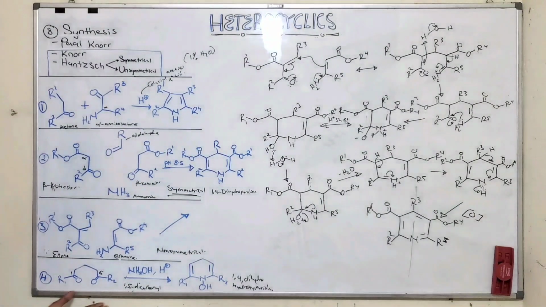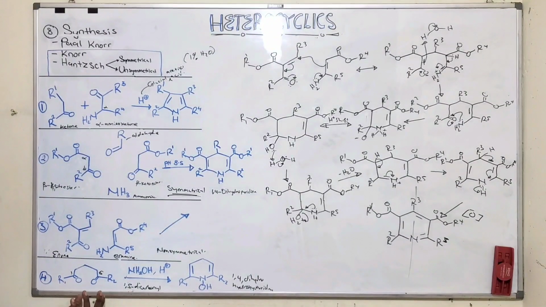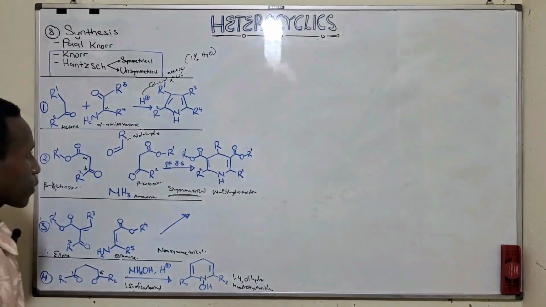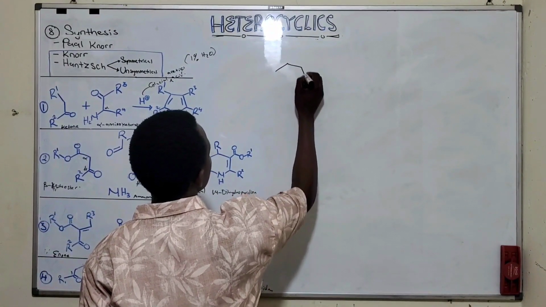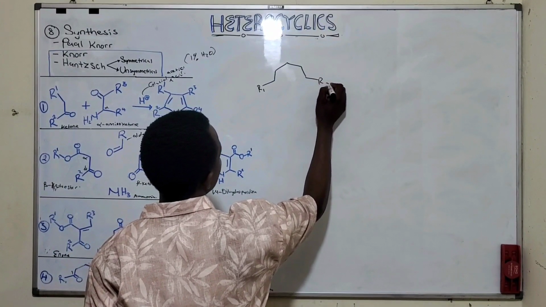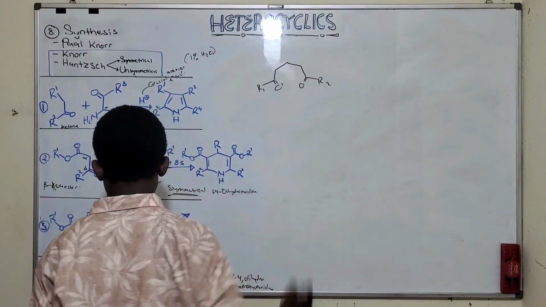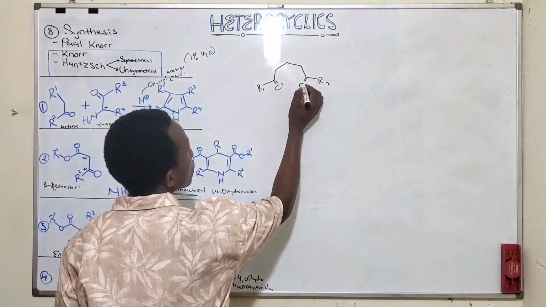Let's talk about pyridine synthesis from 1,5-dicarbonyl. For this last mechanism, we have this R1, we have R2. So it is acid catalyzed.